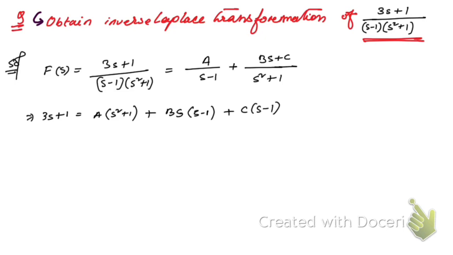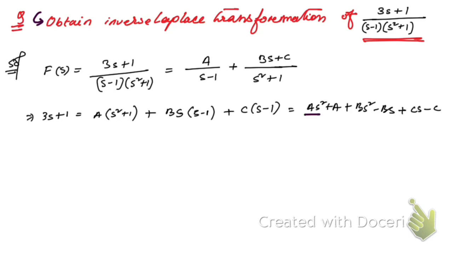Okay, now comparing the coefficients. So if you simplify this, then what you're going to have: a s square plus a, then bs square minus bs plus cs minus c. That's what you're going to have.